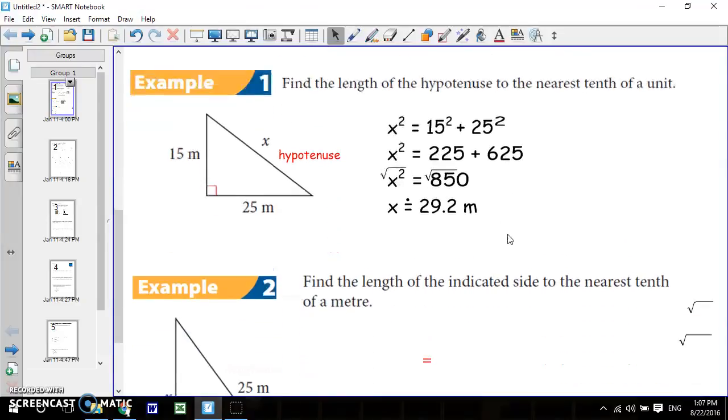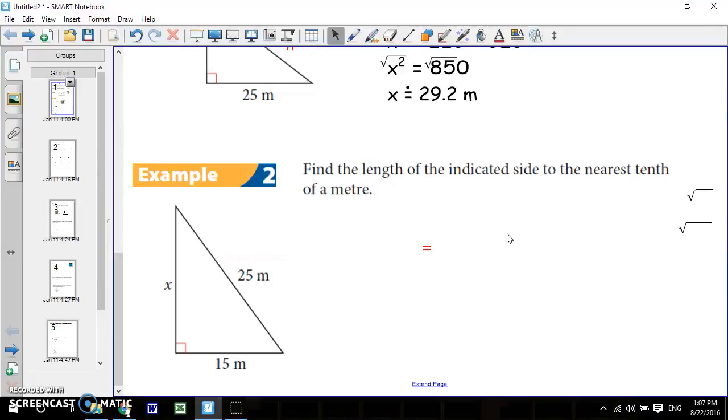Let's take a look at example 2. Again, find the length of the indicated side, which is x, to the nearest tenth of a meter. Notice in this right angle triangle, here's your right angle, and across from it, the 25 meters is the hypotenuse.